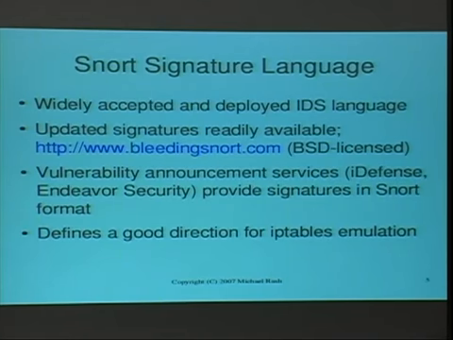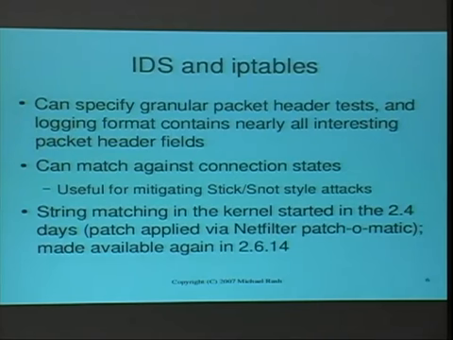And in a vote of confidence for the Snort rules format, you have things like iDefense and Endeavor Security, which provide signatures for new attacks that they're seeing in Snort format. So it defines a good direction for an IDS language to emulate, if we can, within iptables. So the question becomes, how much of the Snort rules language can we legitimately emulate within iptables itself?